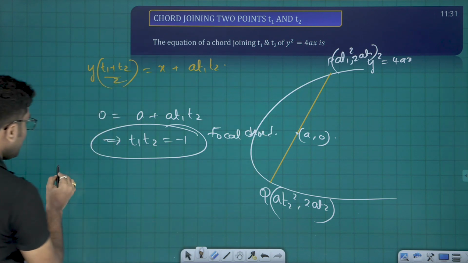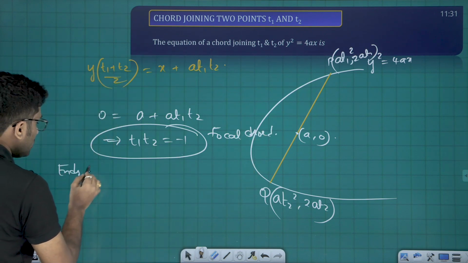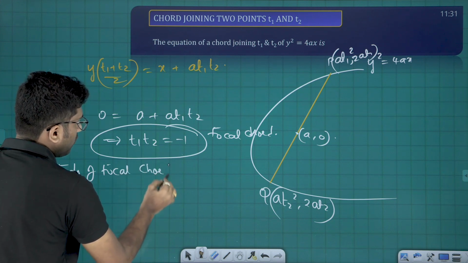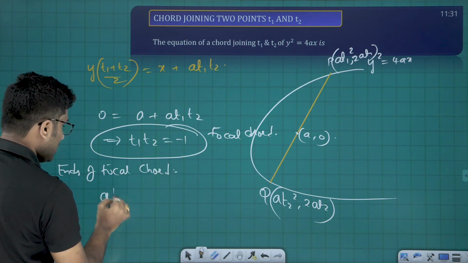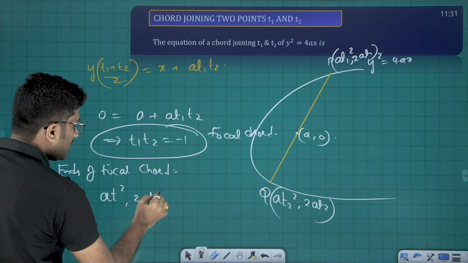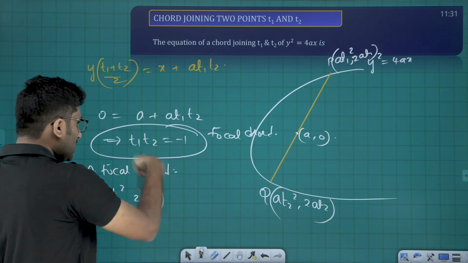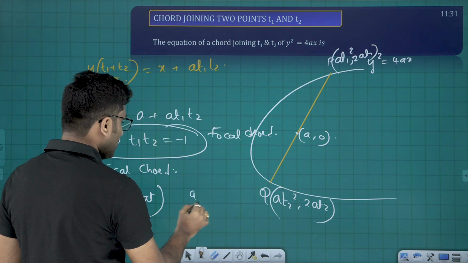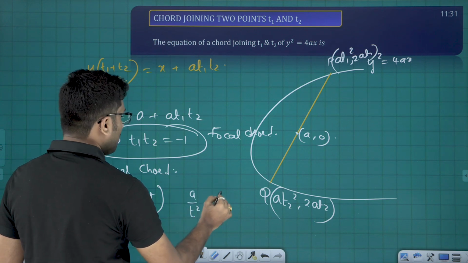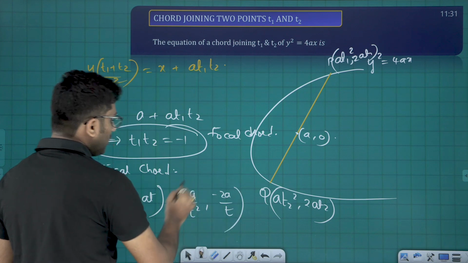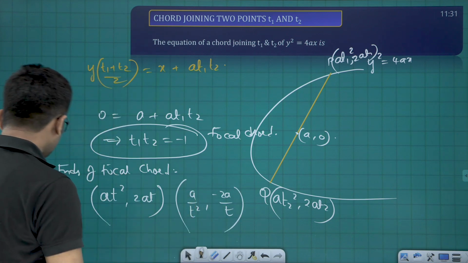So from here we get the ends of the focal chord. One point will be (at square, 2at), another point will be t2 equals minus 1 by t1. So (a by t square, minus 2a by t) will be the ends of any focal chord.